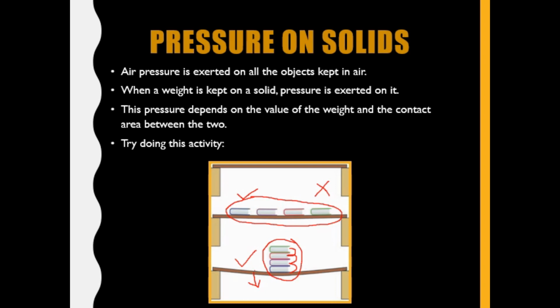Since all this is exerted on the same place, the pressure is high, hence the ruler bends down. In the first case, the area of contact is spread along the ruler, but in the second case, the area of contact is only one and also the weight is high. Hence, we see the difference.